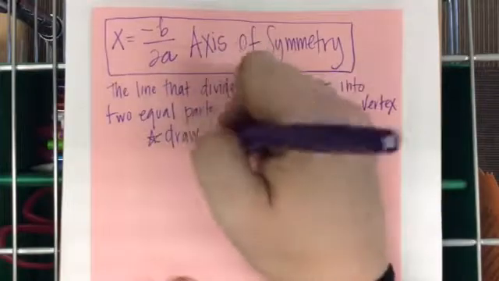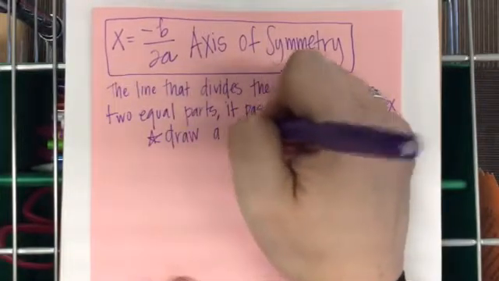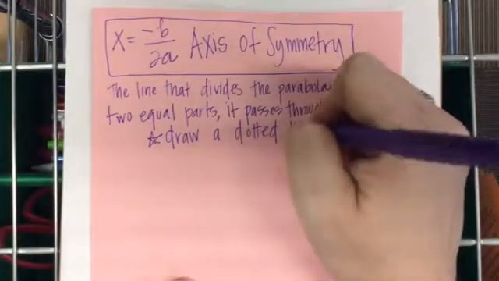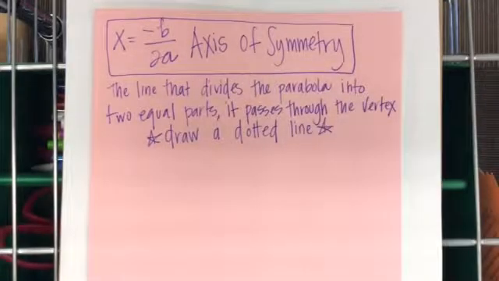We draw a dotted line. Axis of symmetry. It's where we can divide or fold the parabola perfectly in half.